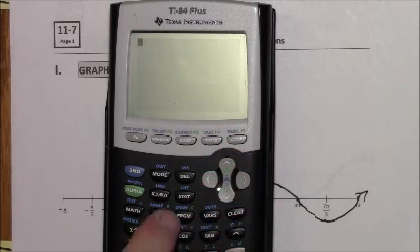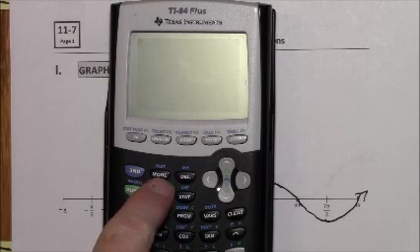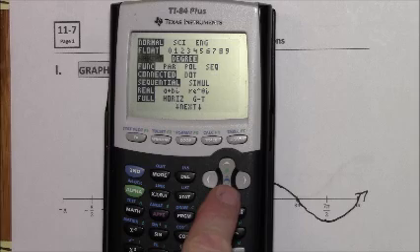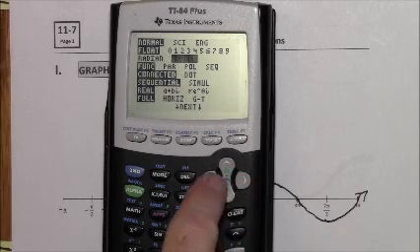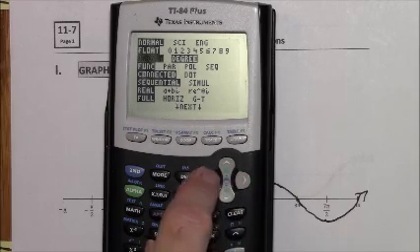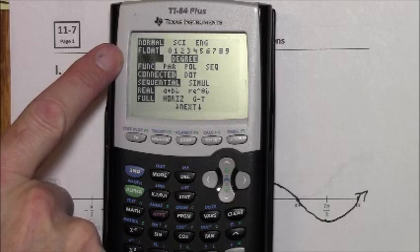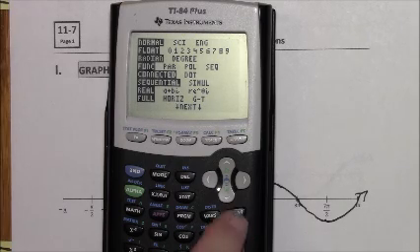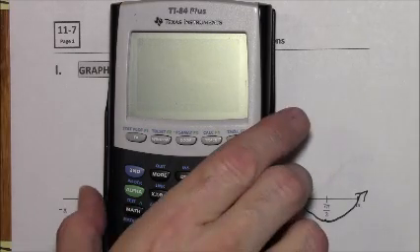The first thing to know is that you have to change the mode. Go on down here to radians and go over. See where it says radians and degrees? When you're graphing trigonometry, you have to do radians. All the trig functions have to be in radians. So there, I just changed it to radians. Press enter, and then clear, and you're out of it.